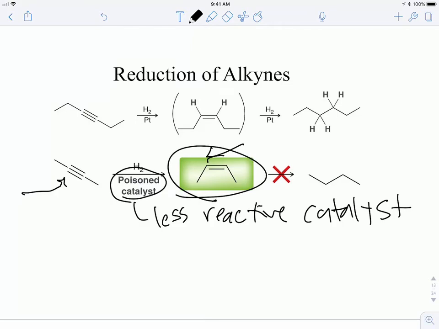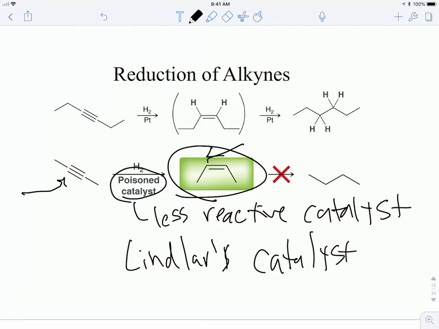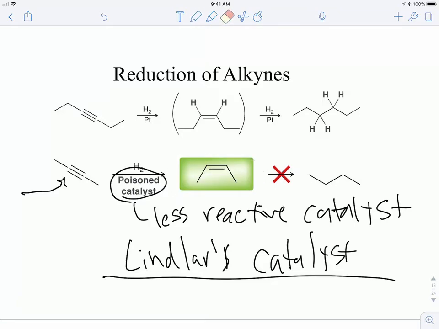And the name of that poisoned catalyst is called Lindlar's catalyst.